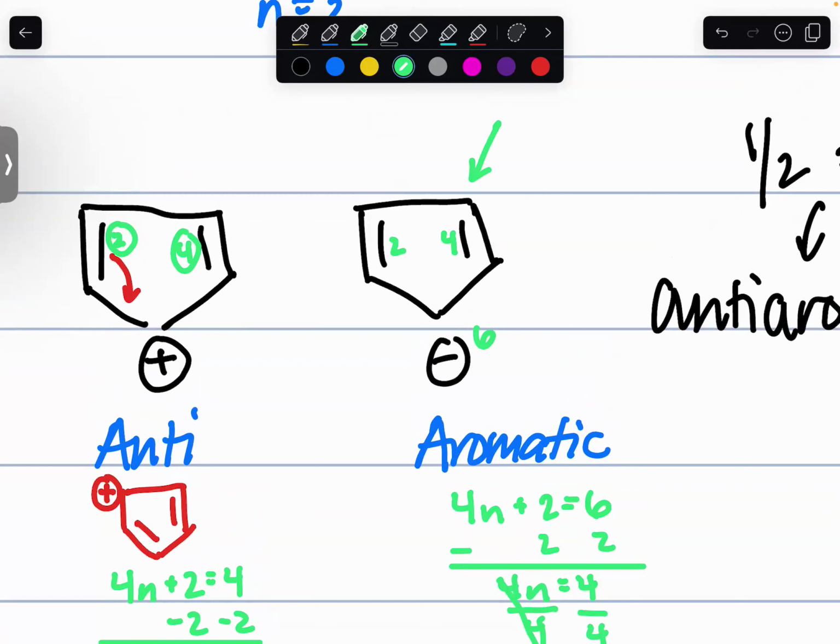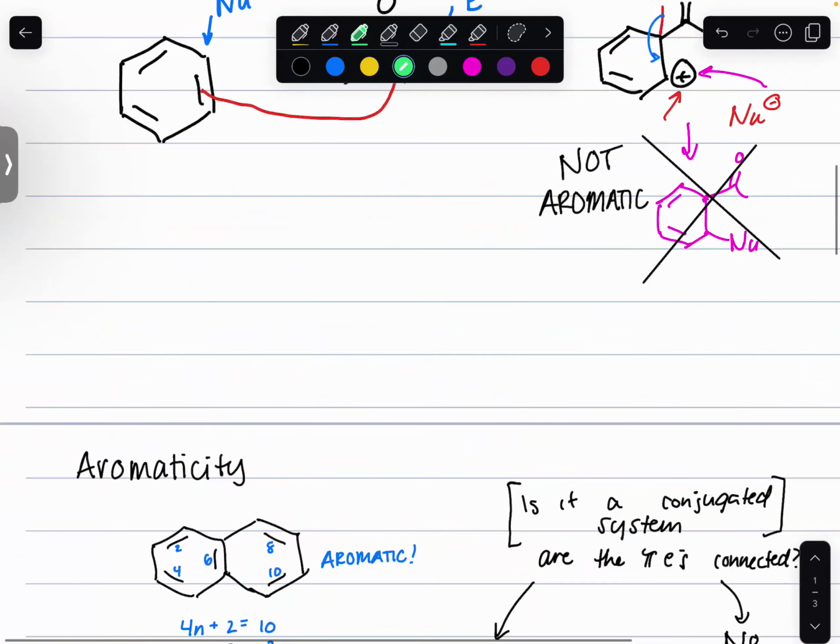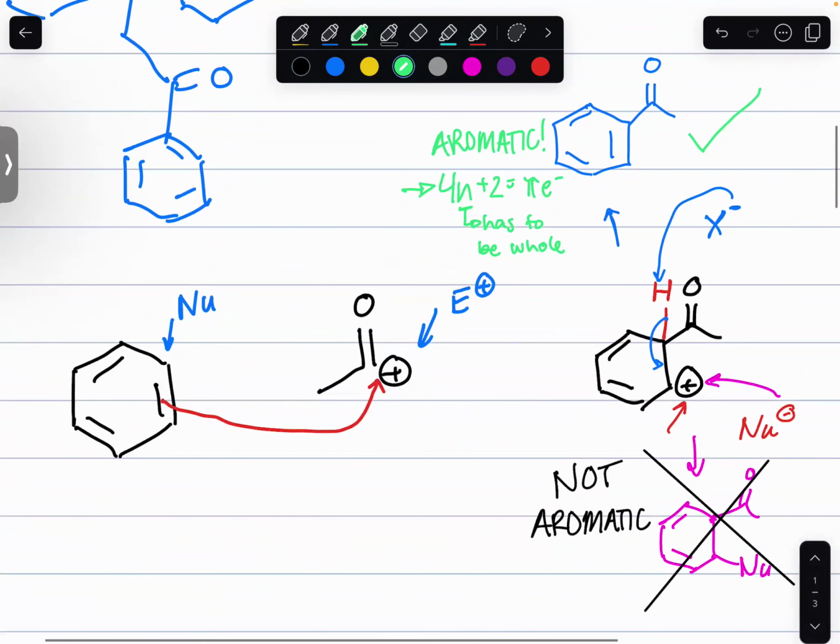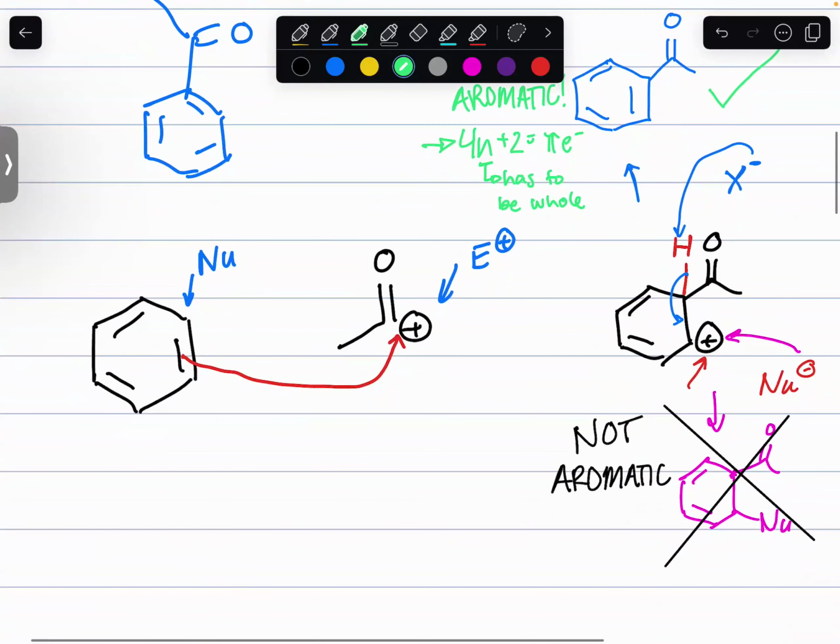One of the main things that was missed on prelim 2 was that question about electrophilic aromatic substitution. The problems that came up a lot were not counting your carbons. So you have 6 carbons from the ring, and then you have 2 from your addition.